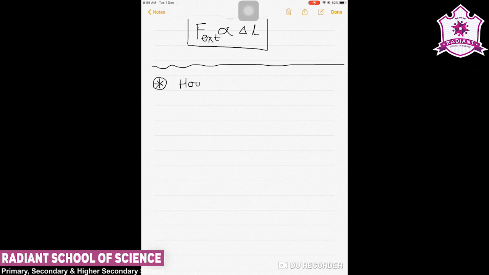So this is Hooke's law. The statement is that stress and strain take different forms in different situations, and for a small deformation the stress and strain are proportional to each other. So the constraint is that it holds for small deformation.